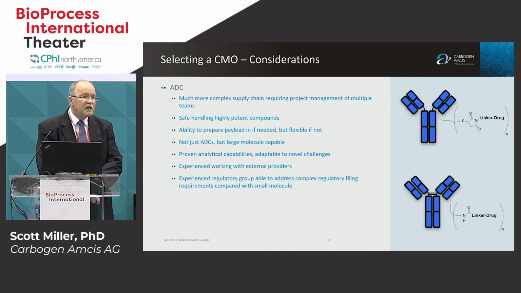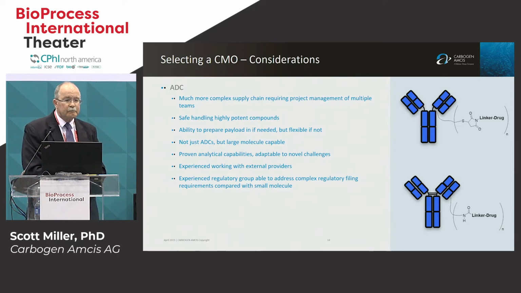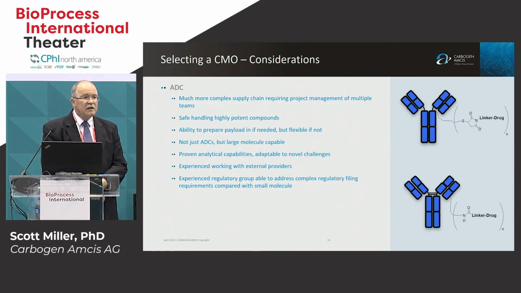Some more specific considerations for an ADC. Again, you have a very complex supply chain. You have the issues, again to re-emphasize, safe handling of highly potent compounds. You would like to have a good supply chain for your payload as well as your antibody.